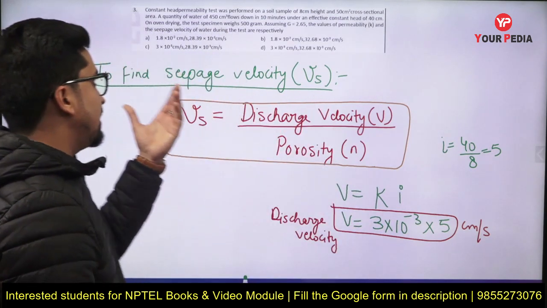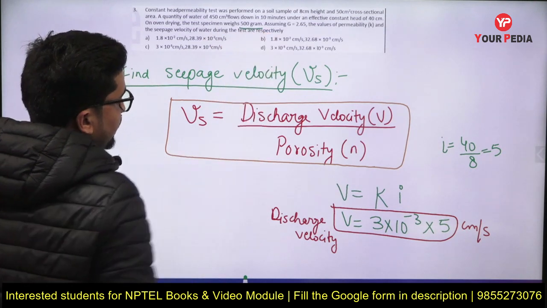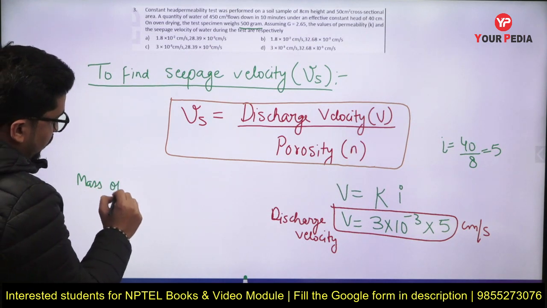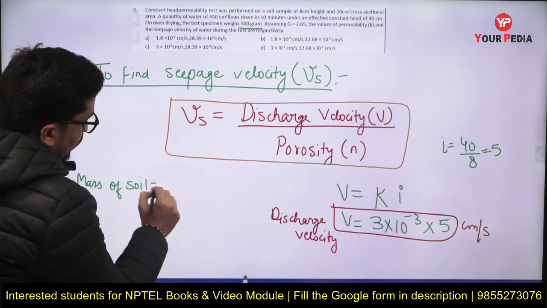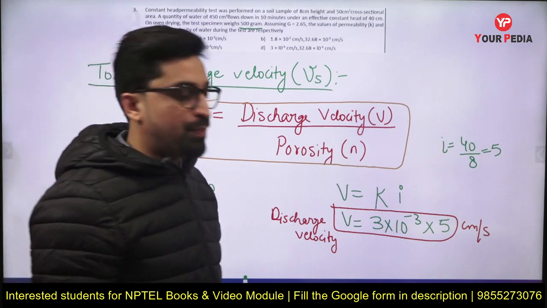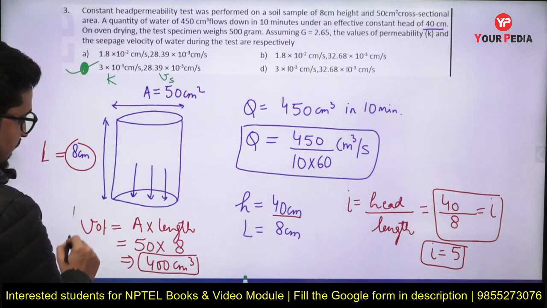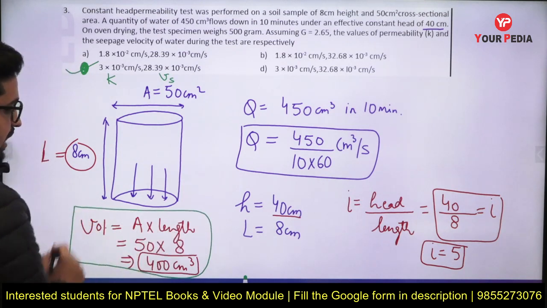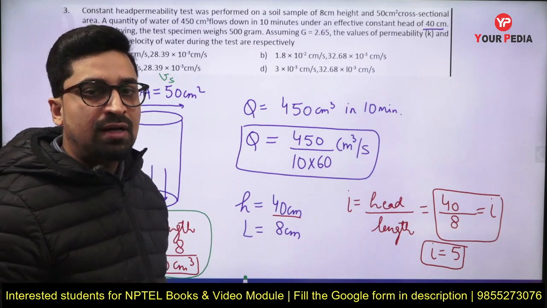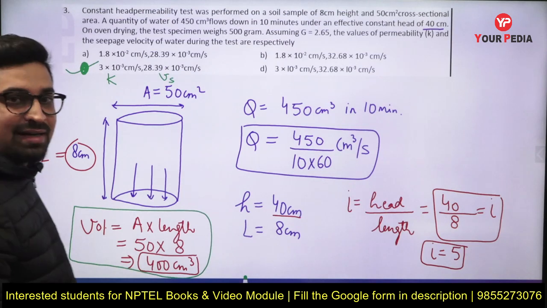Because in this question they have already told you that on oven drying the test specimen weighs 500 grams. And the volume of the soil sample we can easily calculate: area into length, where area was 50 centimeter square and length was 8 centimeter, so the volume of the soil sample is 400 centimeter cube.